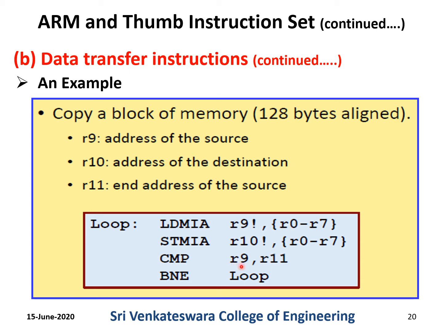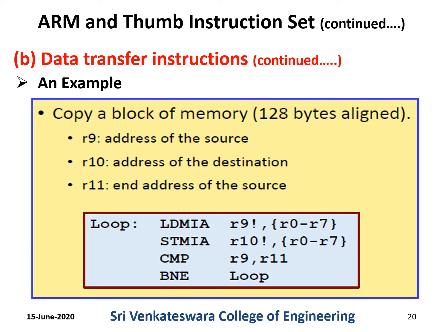R9 was initially initialized with the starting address, and R11 is initialized with the end address of the source. So these two are compared to check whether all the 128 byte transfers are over or not. Branch if not equal to loop.